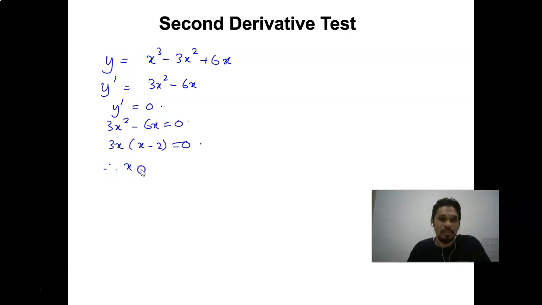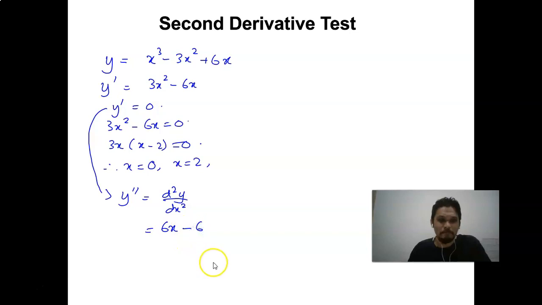Then we get x equals 0 and x equals 2. Then from y prime we come up with y double prime, the second derivative of y with respect to x. So 2 times 3 equals 6x, and the derivative of 6x is 6, so y double prime is 6x minus 6.